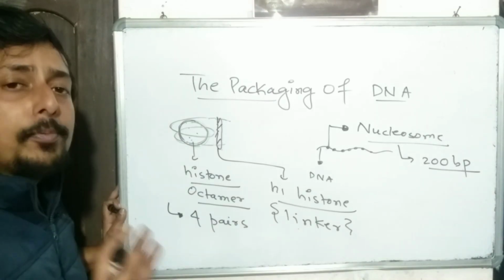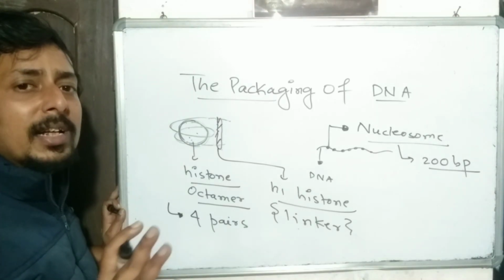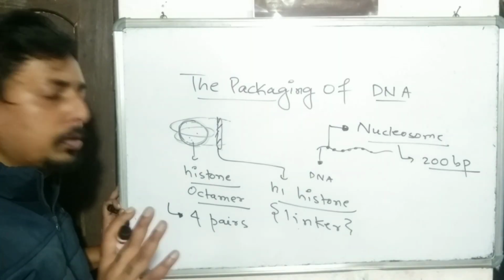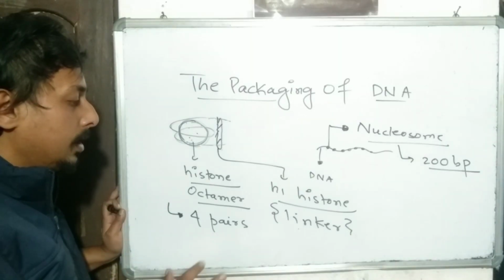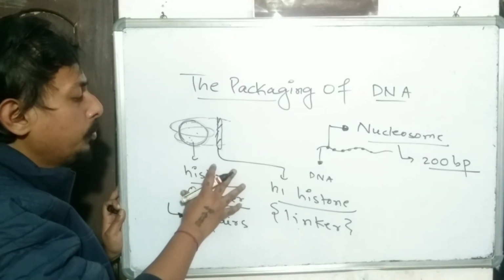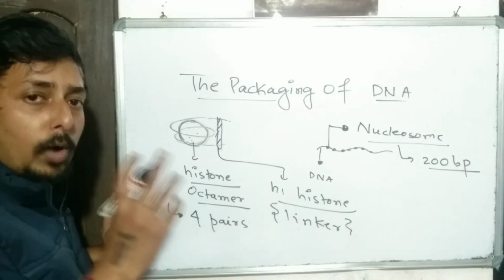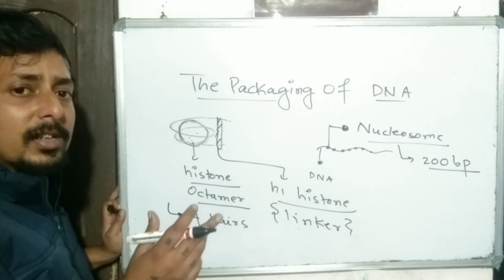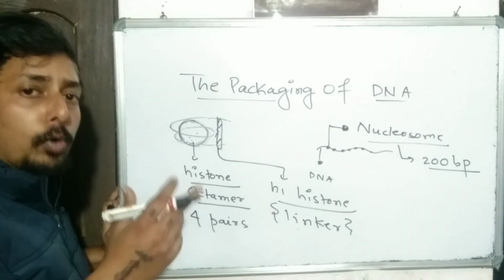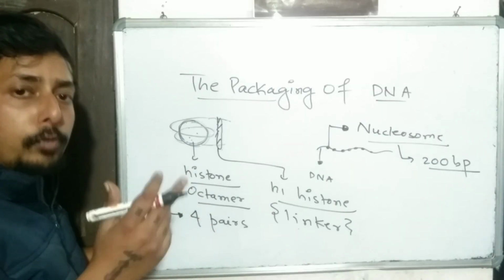There are a total of 5 types of histone proteins. We do not need to remember the names, it is not in our syllabus, but we remember the numbers. There are 4 histone proteins in the octamer that are present in pairs. Likewise, 4 histone proteins make 4 pairs.